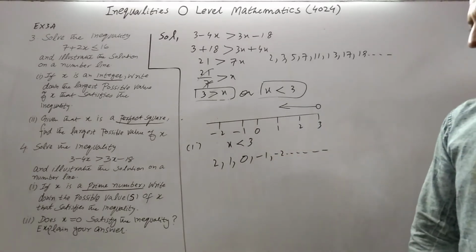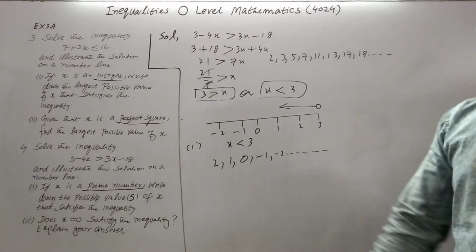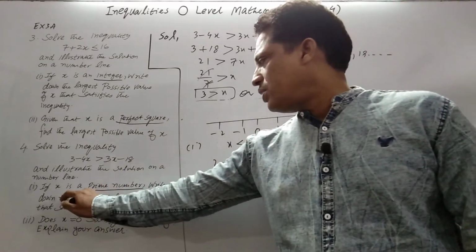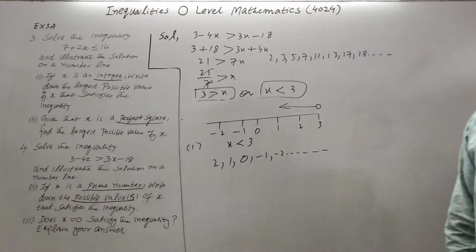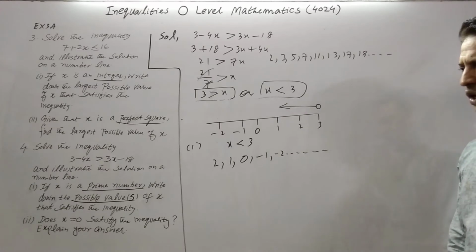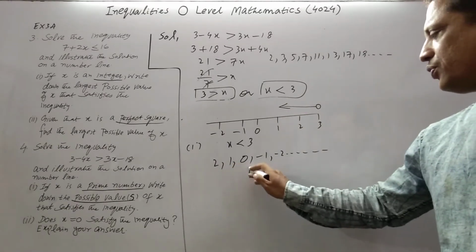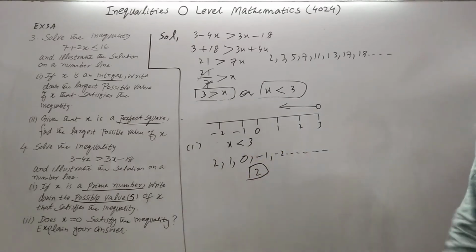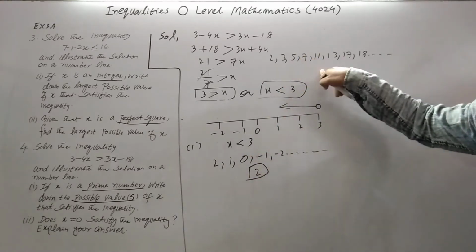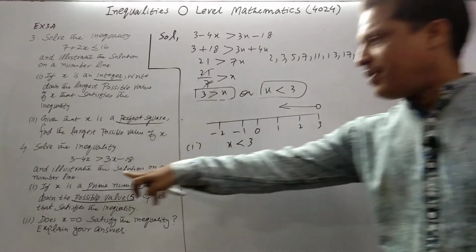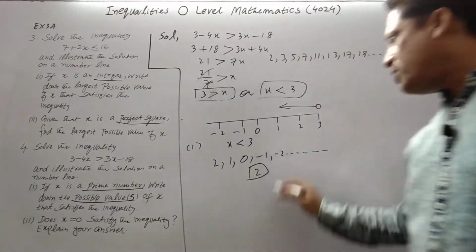The requirement is to write down the possible value of x that satisfies the inequality. So our possible value is 2, because 2 is a prime number and x is a prime number in this question. Therefore 2 is the answer.